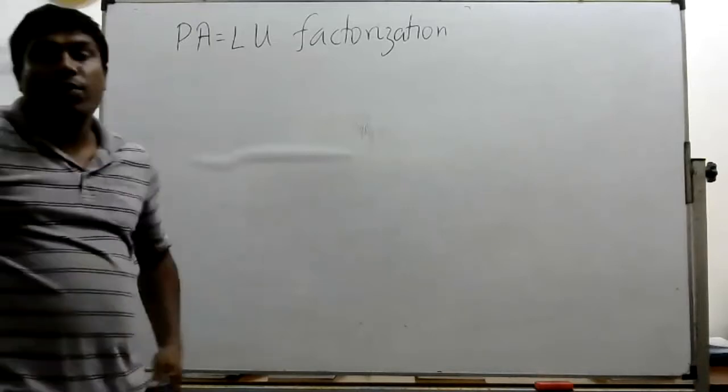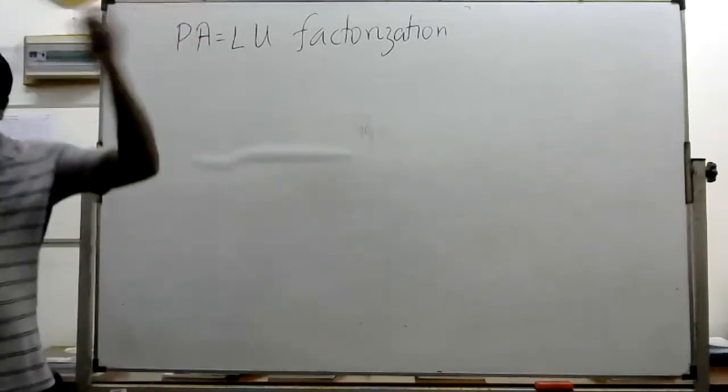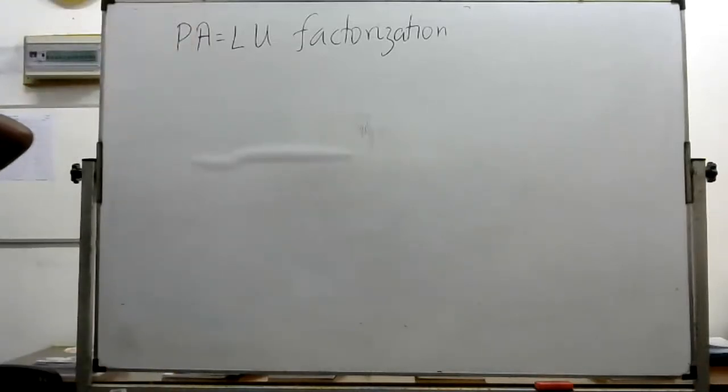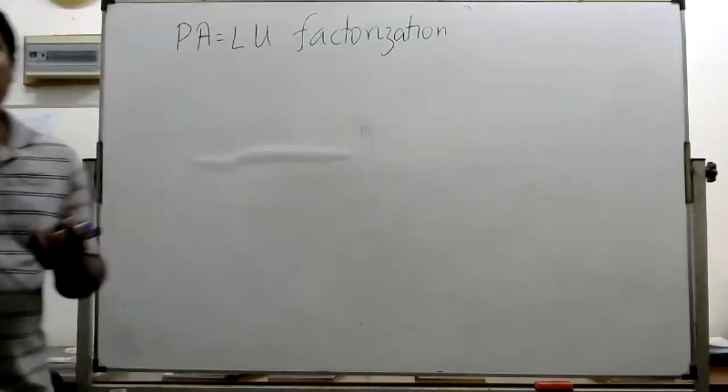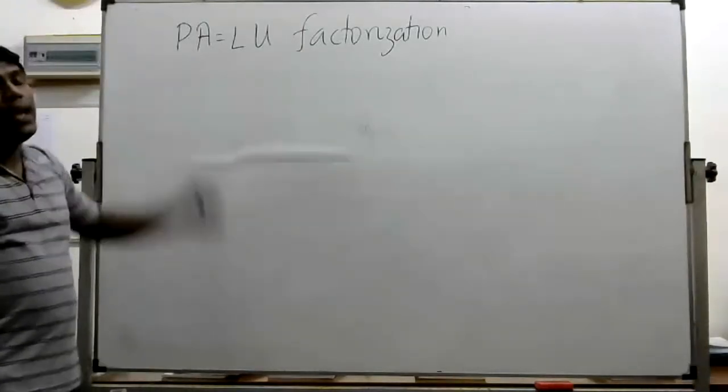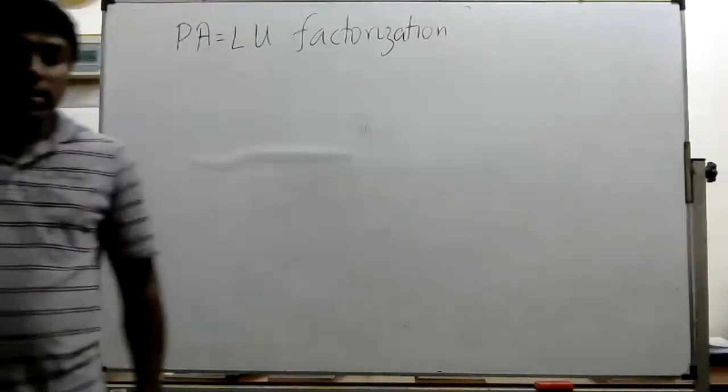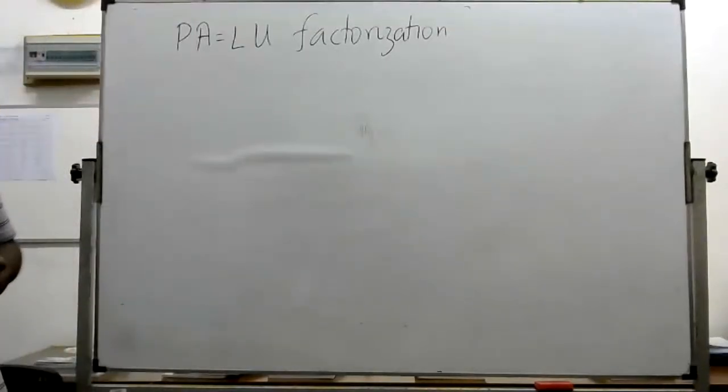So this type of factorization, because earlier we have a factorization called A is equal to LU factorization, right? So here, because we have elementary permutation matrices as well, we will have PA is equal to LU factorization, right?